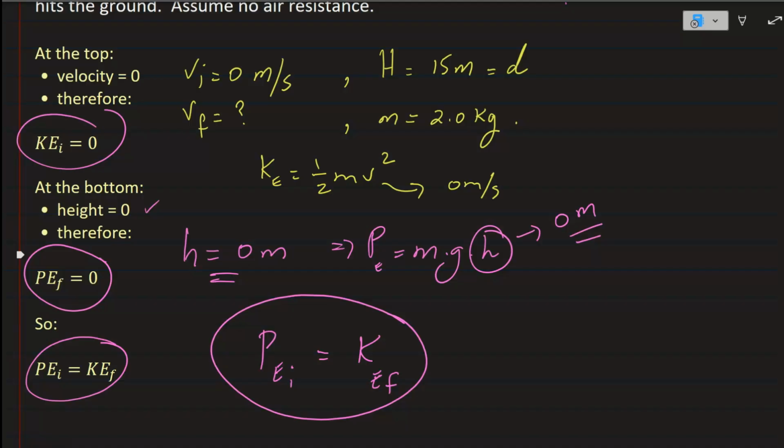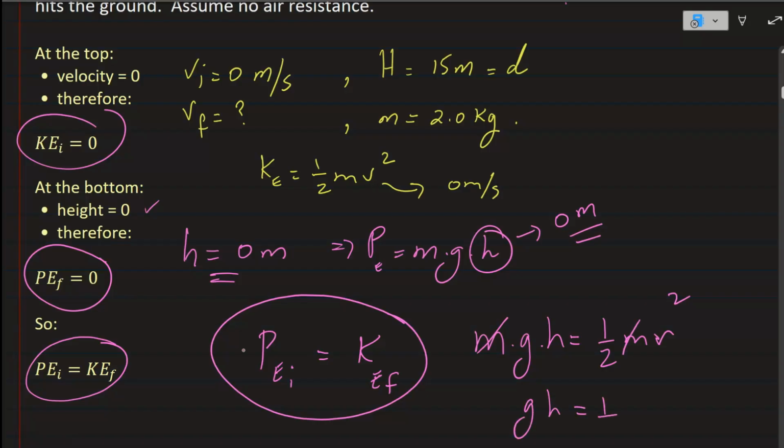So now we're going to go ahead and plug in values. Remember, we have mgh for potential energy equal to 1/2 mv squared. For simplicity's sake, the masses just cancel, and our equation is gh equals 1/2 v squared.